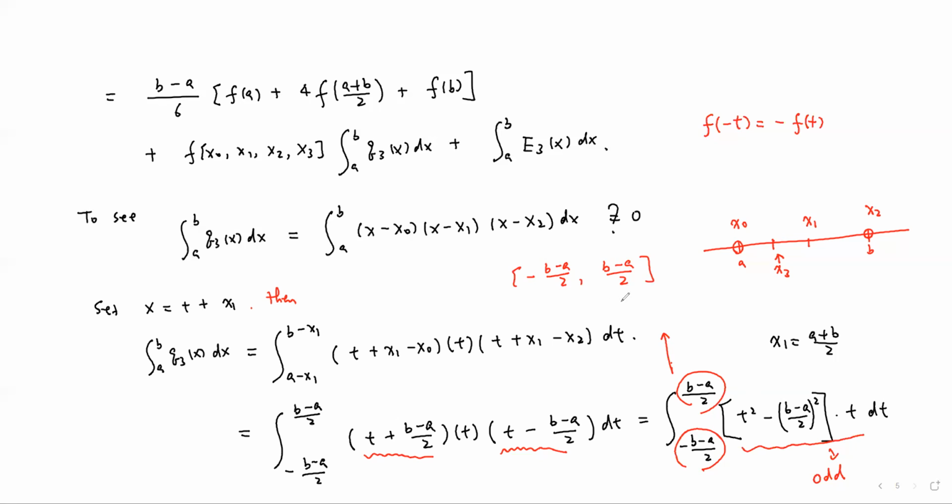For an odd function over an interval symmetric about the origin, the integral must be 0, from Calculus 1. Therefore this term is equal to 0. Now I can drop this term to get the following equation.